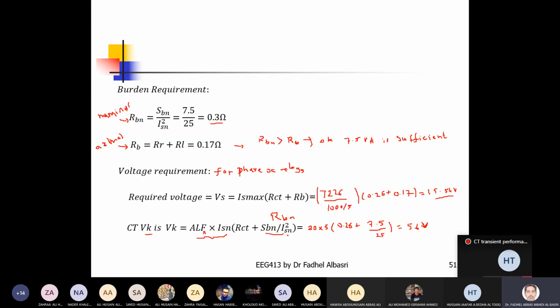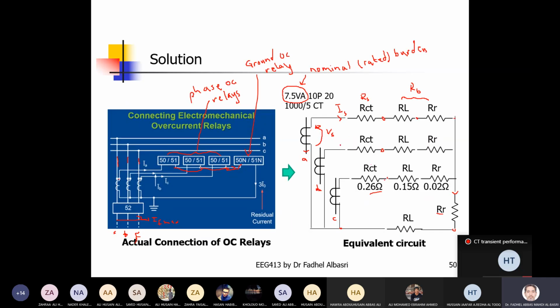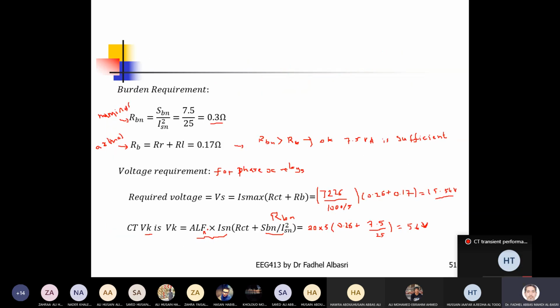What do you think, guys? This 15.5 is the actual VS that will develop at the secondary side of the CT at the maximum fault current of 7,226, while this CT, at its maximum specified accuracy limit factor and specified rated burden, the voltage that should develop is 56.